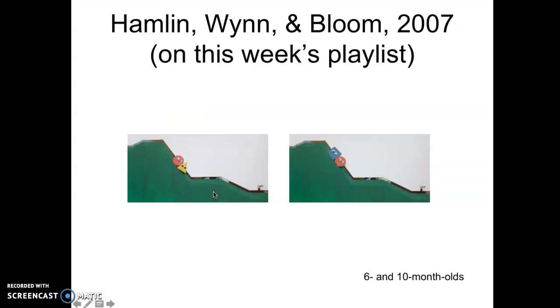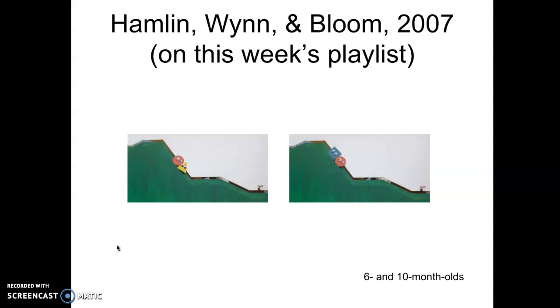In a follow-up that you've now seen a few clips of, and there's one on this week's playlist as well, Kylie Hamlin showed similar kinds of events. In this case, you can see the blue square is the hinderer and the yellow triangle is the helper, and it's a kind of a live action puppet show.